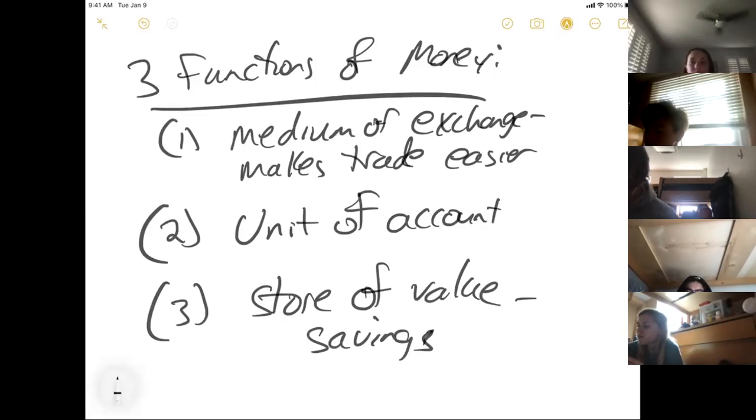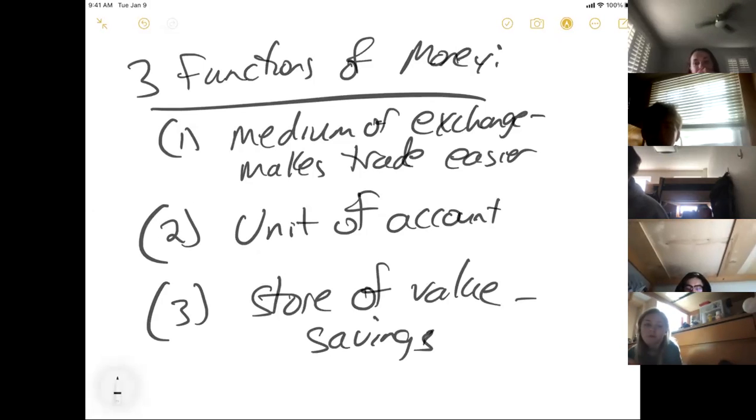So one of the interesting things that we have observed throughout human history is that something always takes the form of money because these three functions are so needed within any economy, right? Even in the Soviet system, right? The Soviets wanted to abolish money because they viewed money as the ultimate capitalist tool. But the problem was, without something serving as money, they had no way to account for anything that they did.